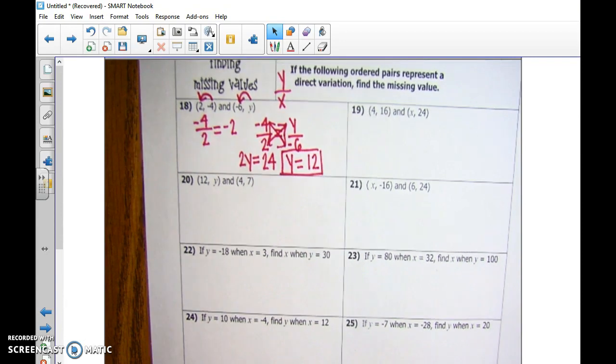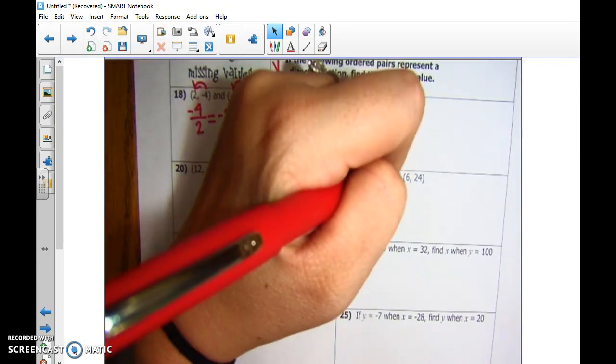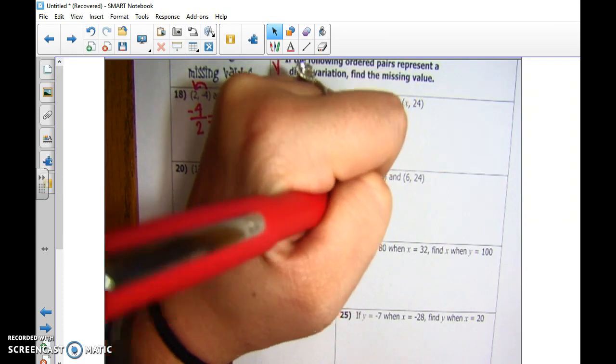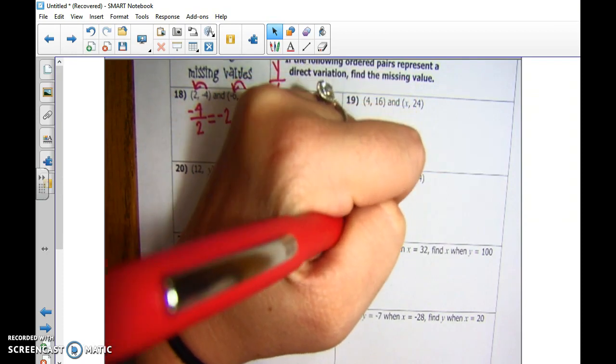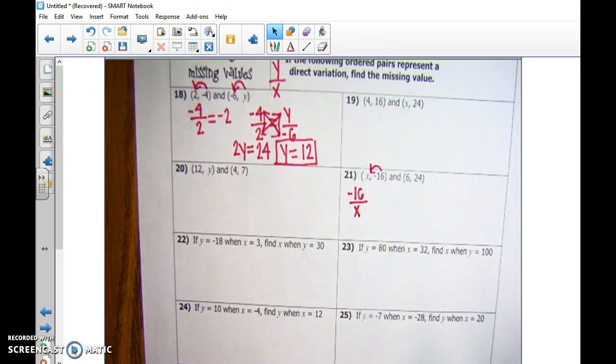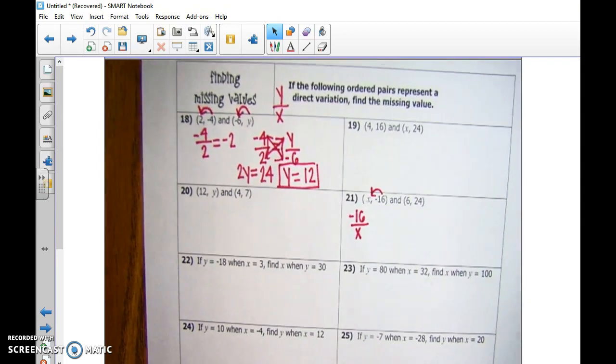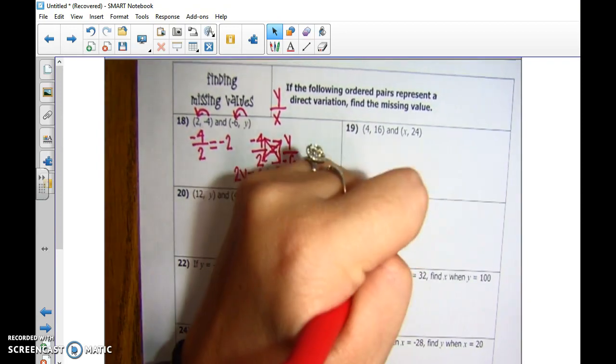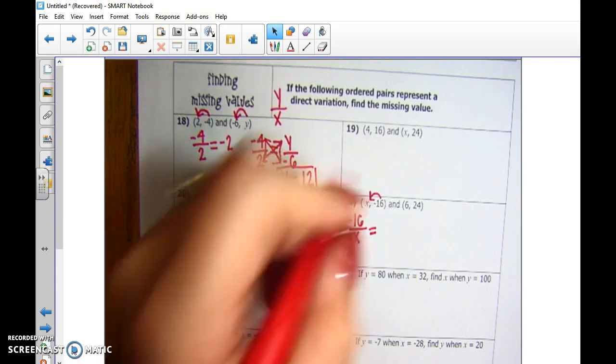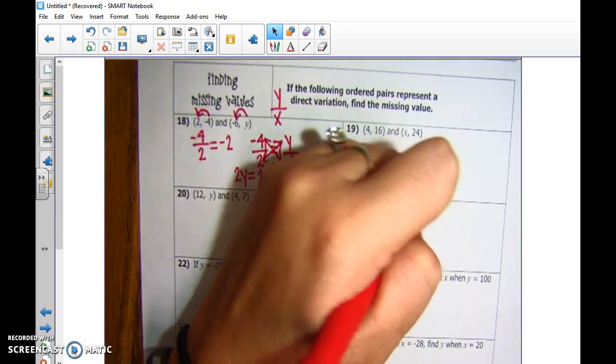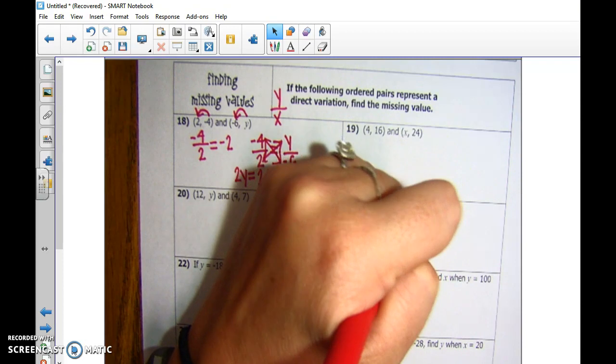And I will do one more. So on number 21, we have negative 16 over x, okay? Then I'm going to set that equal to 24 over 6.